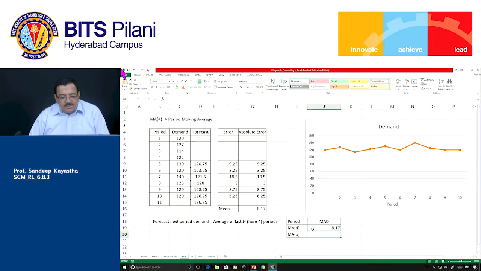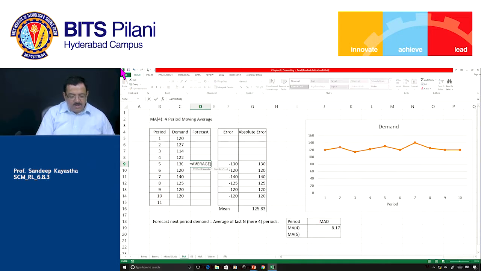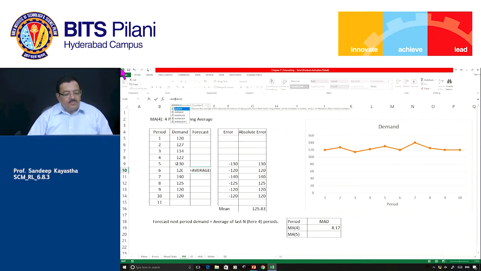The question that comes is, should we use 4 or should we use something else? Let me first use 5 period moving average. So 5 period moving average is equal to average of last 5 period.